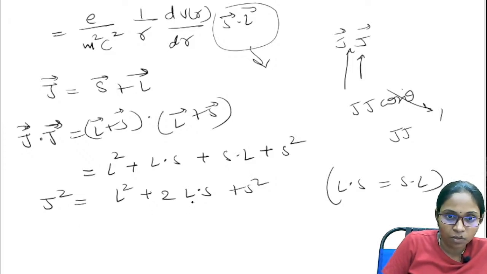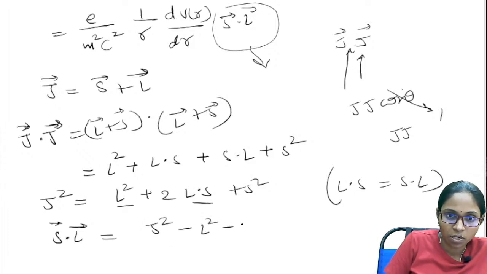So from here you can find S bar dot L bar. L bar dot S bar or S bar dot L bar can be written as J square minus L square minus S square, divided by 2.